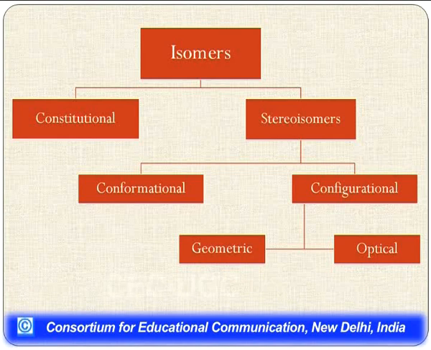What are constitutional isomers? I am not going into detail of constitutional isomers because my topic does not say so. Constitutional isomers are those isomers which have the same molecular formula but a different structure. Say if I am having a chain of 4 carbons, I can have n-butane or isobutane.